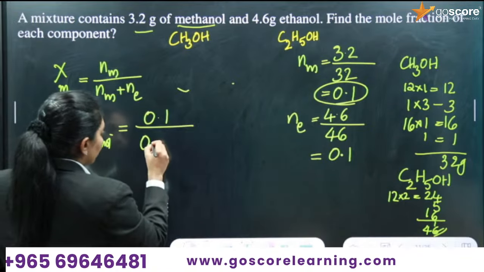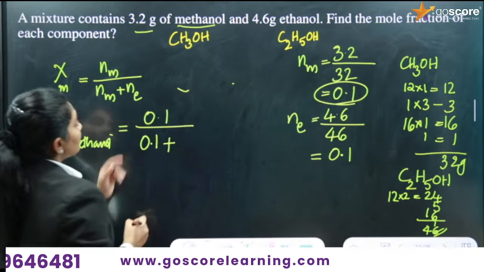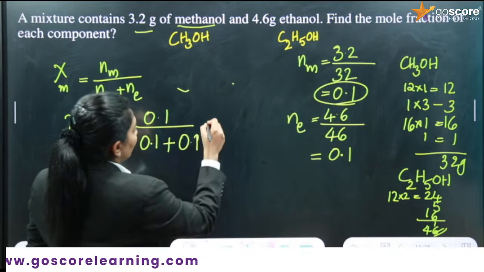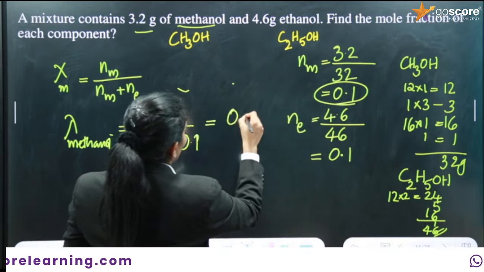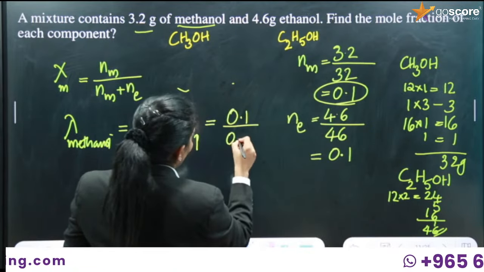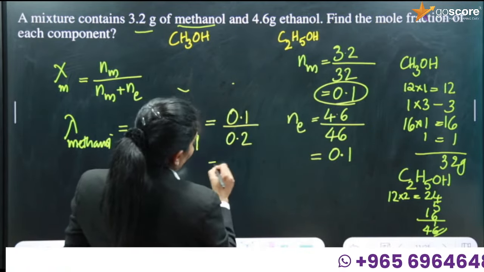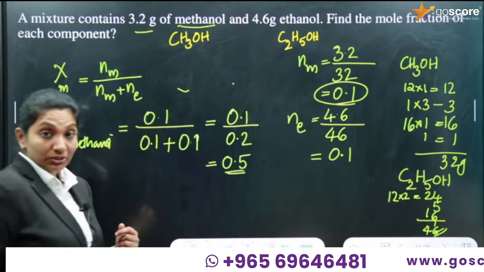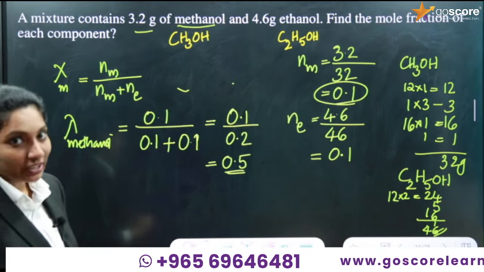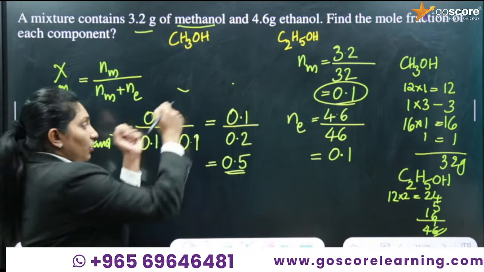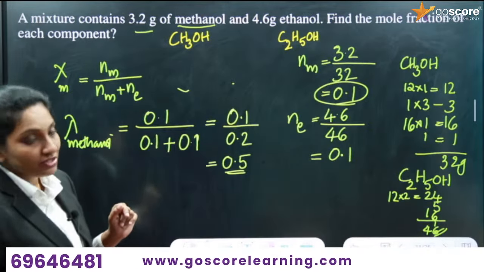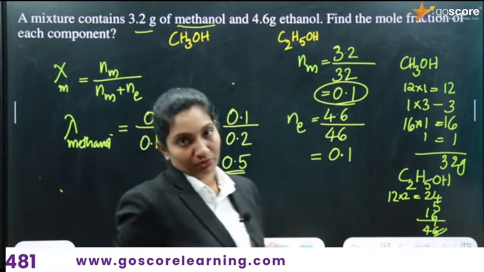Number of moles of methanol is 0.1 plus number of moles of ethanol is 0.1. So what will we get? 0.1 divided by 0.2, that is 0.5. And note that there is no unit for the mole fraction, because in the numerator it is number of moles and in the denominator also number of moles. So there is no unit for mole fraction.